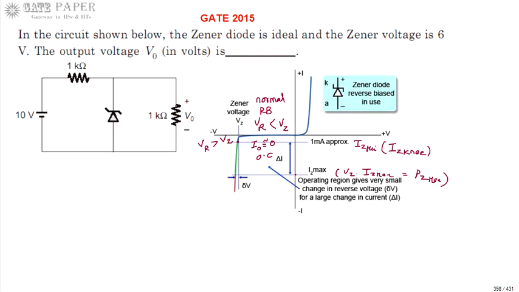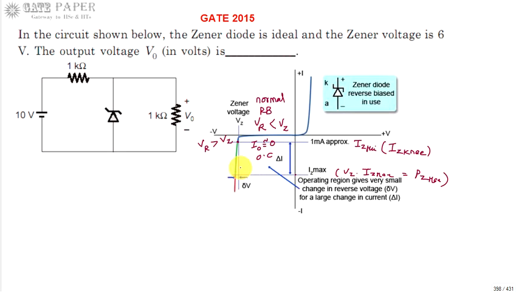So there is a limitation for the Zener diode to work as a voltage regulator, between Iz minimum and Iz maximum, which we call the Zener breakdown region, where it acts as a constant voltage source. So it can be used in constant voltage applications, that is, as a voltage regulator.